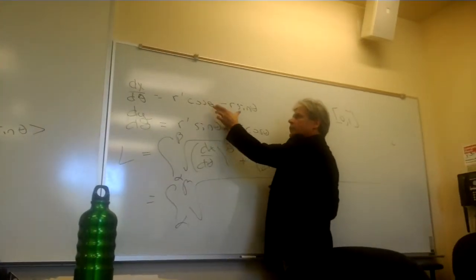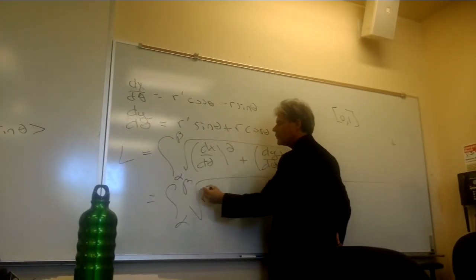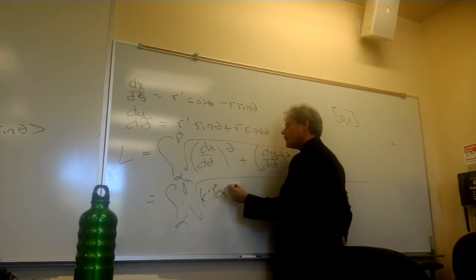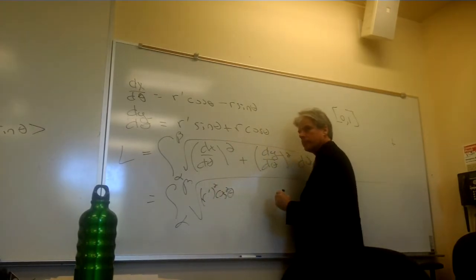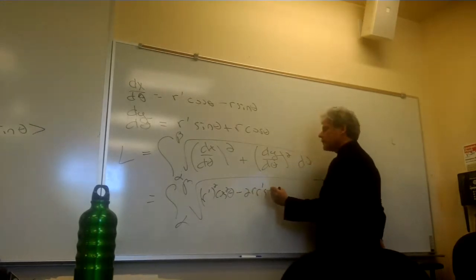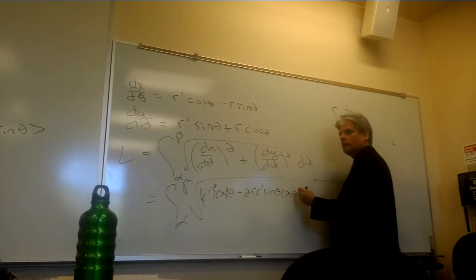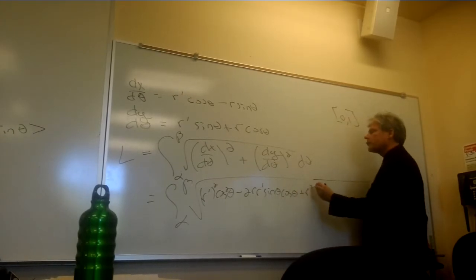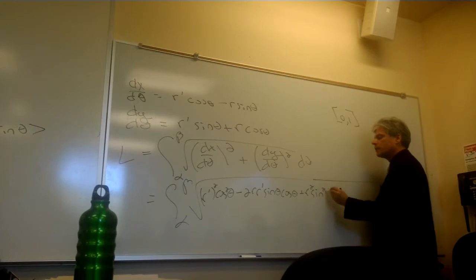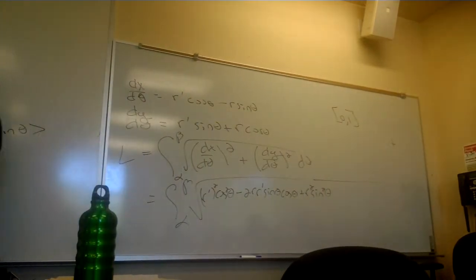Well, if I square dx d theta, doesn't that give me an r prime squared cosine squared of theta minus 2r r prime sine theta cosine theta plus r squared sine squared theta. Those three terms are the result of nothing more than squaring dx d theta.